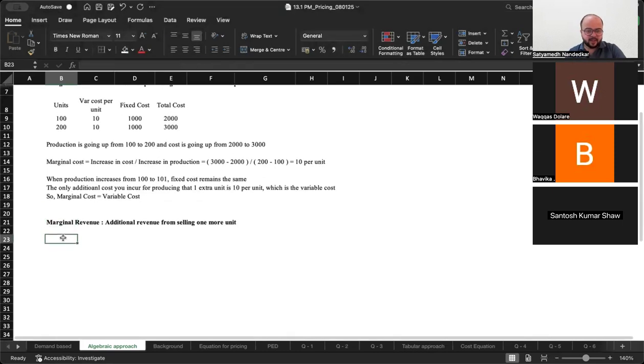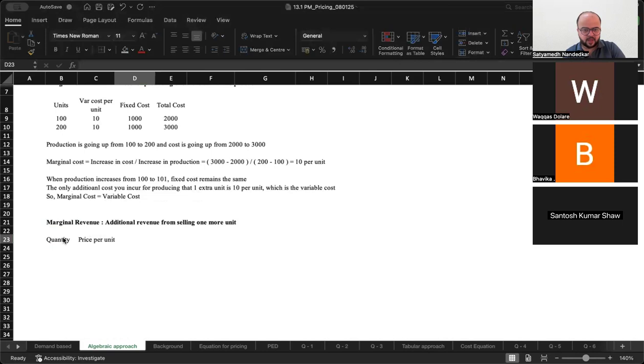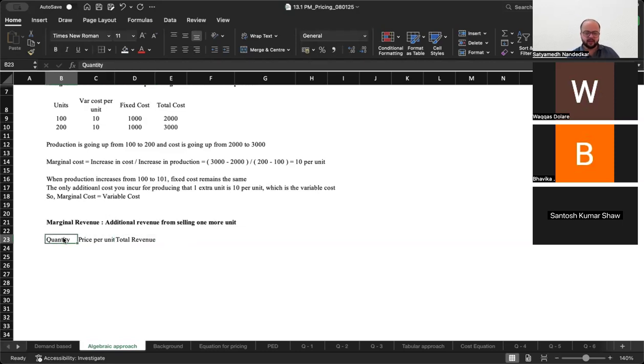ठीक है, let this column be say quantity, let this be price per unit, let this be total revenue. So पहले total revenue तक करते हैं. Let's go one step at a time.